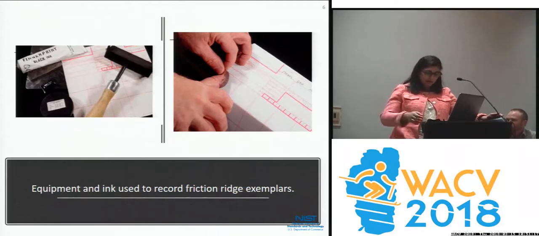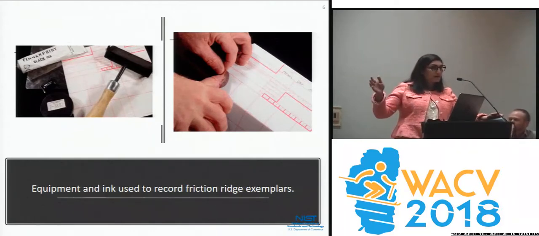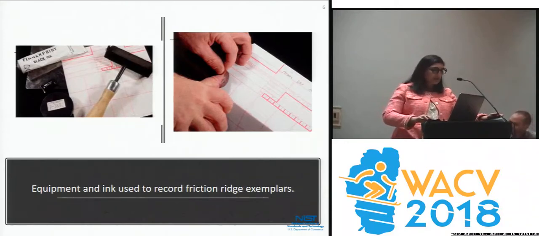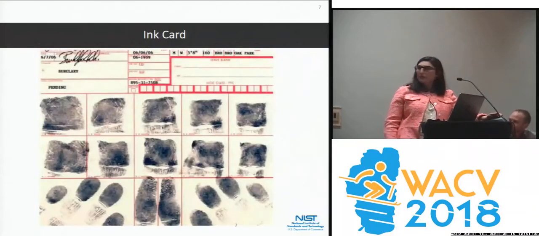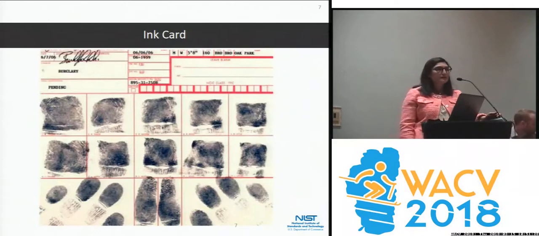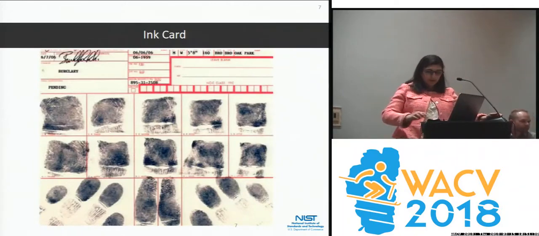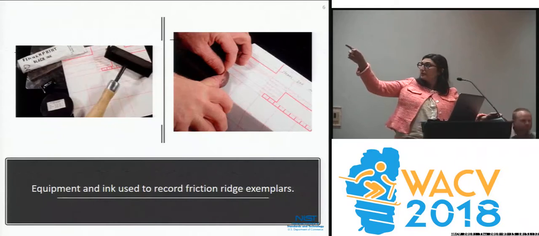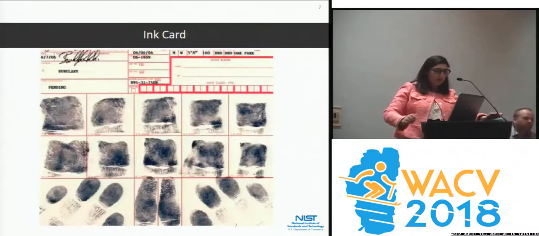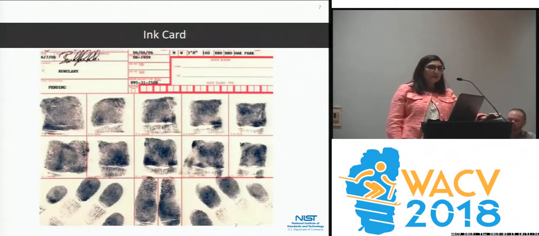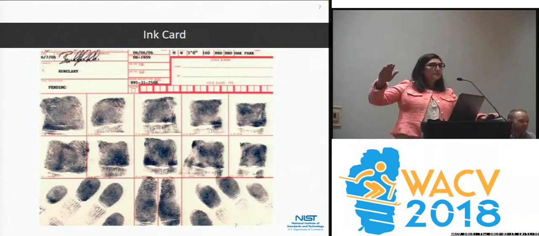Back then, the cross-modal was the type of ink, the paper, anything that they used. The result was a fingerprint card where the first two rows would be the rolled fingerprints, as you saw in the previous image, where somebody would go and roll the fingerprint. And the bottom row would be the simultaneous slab, the four fingers that was used for sequencing of fingerprints.